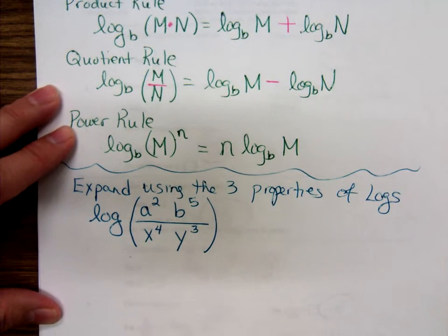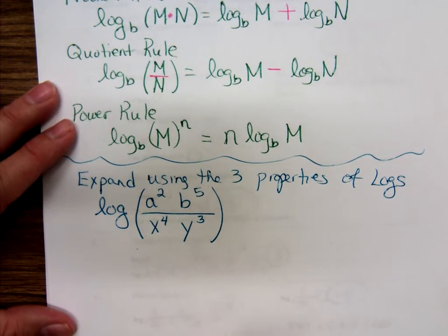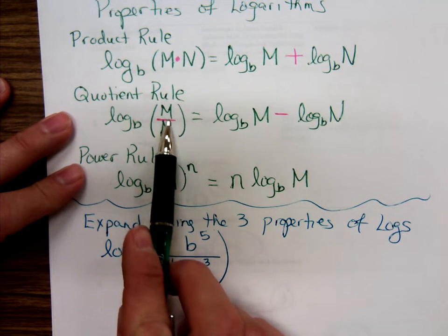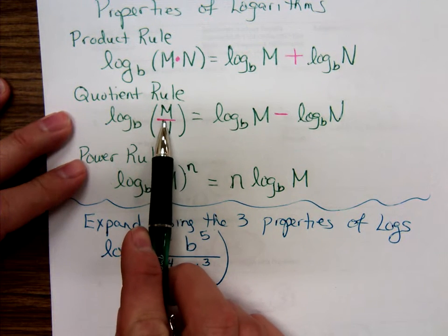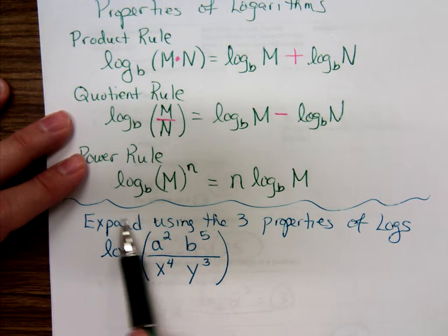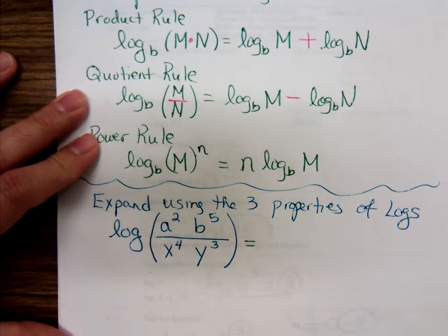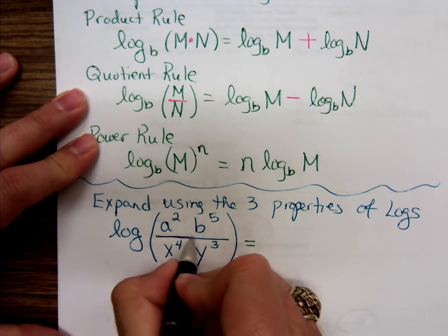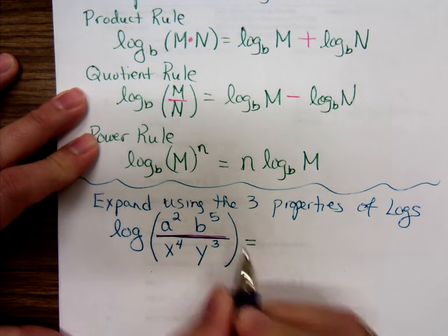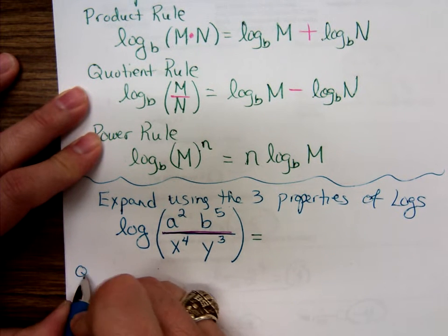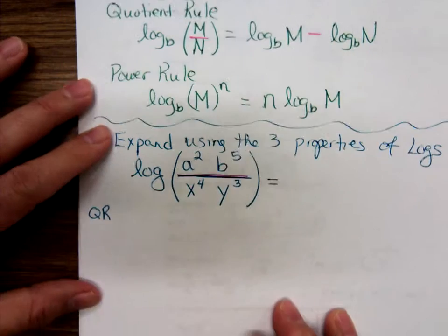But the way we're going to go through this is we're going to start off using this quotient rule. Using the quotient rule, we can take this big logarithm here and write it as log of the top minus log of the bottom. So it's using the quotient rule, I'll put QR.